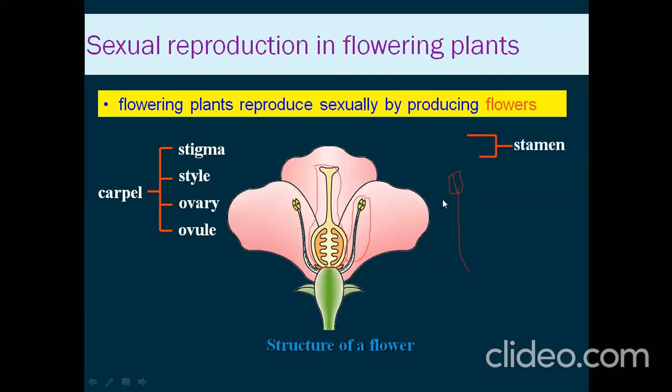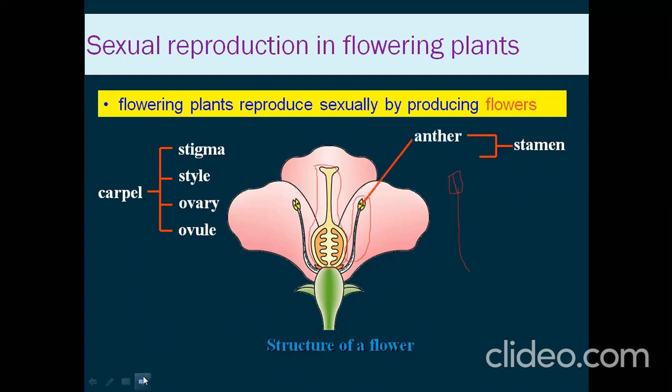You can see this male part: anther and filament. The first part is called anther and this is called filament. So both are collectively called what? Stamen. So the male reproductive part of the flower is called stamen.